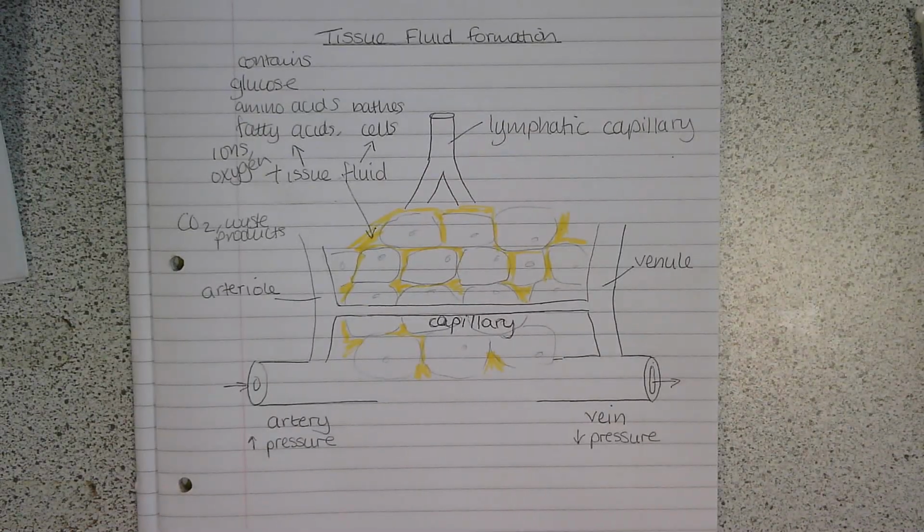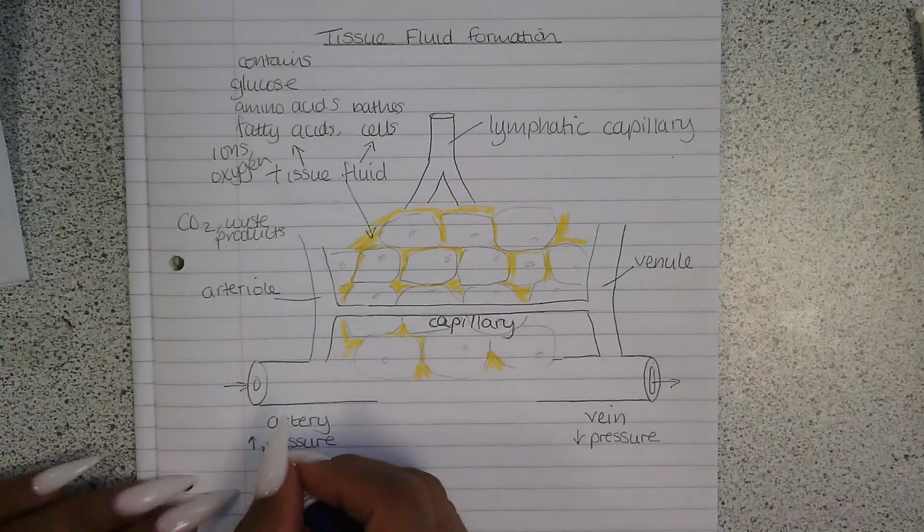The heart pumps the blood through the arteries, arterioles, and ultimately into the capillaries. Now, when we have the pressure of a liquid moving, we call that hydrostatic pressure. So at the arterial end here, we say there's high pressure. The blood is being pumped under high pressure.